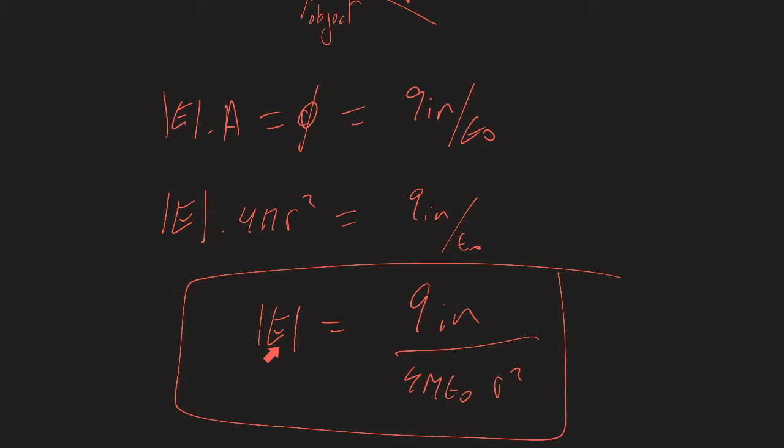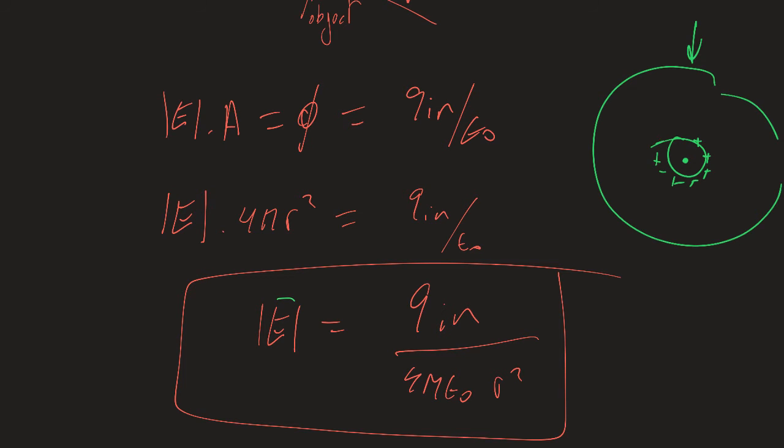So the magnitude of the electrical field outside will be the charge inside the Gaussian surface, divided. So it looks like the charge, instead of being distributed here, appears to be at the center.